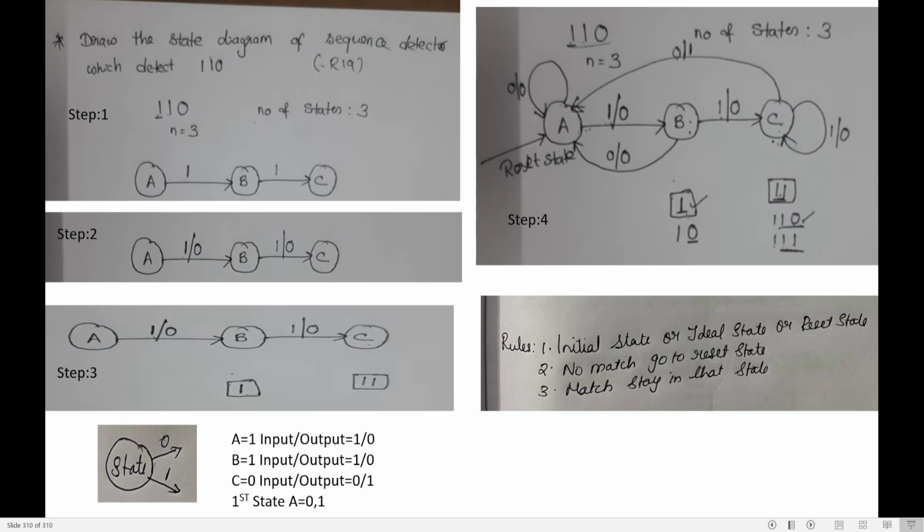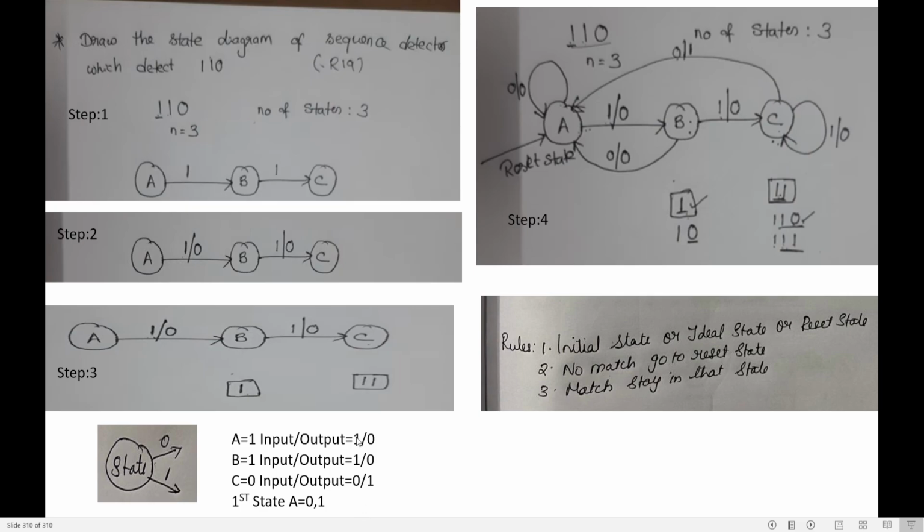If B is 1, I move from B to C. What is input slash output? Input is 1. What would be the output? Output will be 0 because I have not detected the pattern 110. If C is 0, what is my input? Input is 0. What would be my output? Have I detected the pattern 110? Can you see 1?